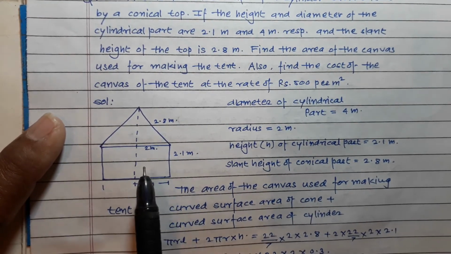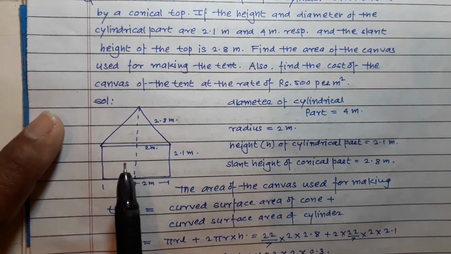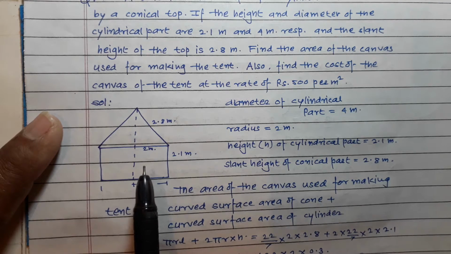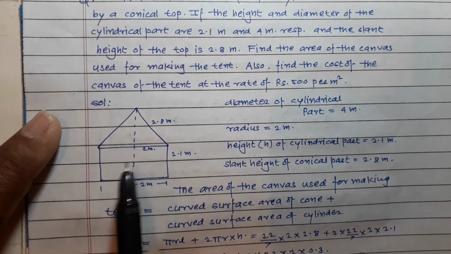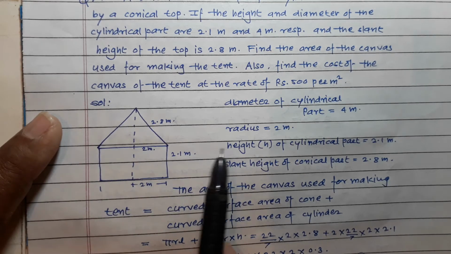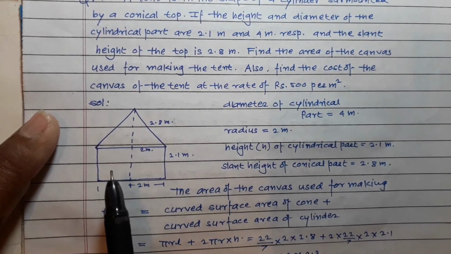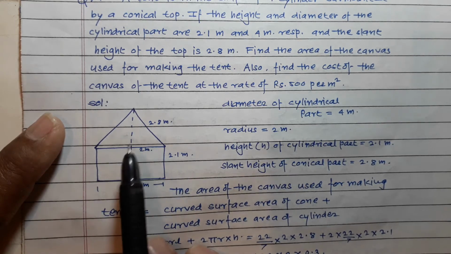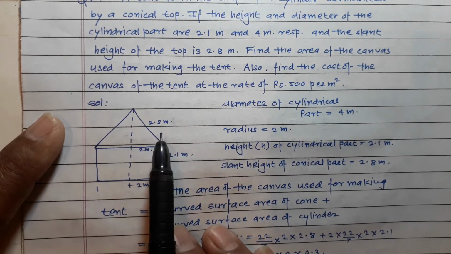Now always try to draw a simple figure so that you will get measurements, and it is very easy to solve the question. It helps you in solving the question. Now this is my figure. This part is cylindrical, above part is conical.